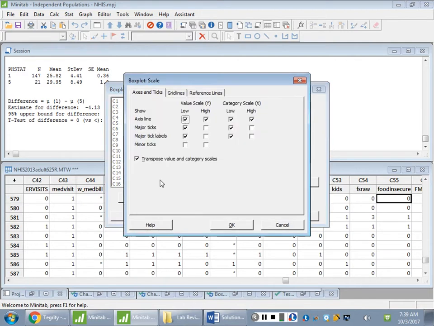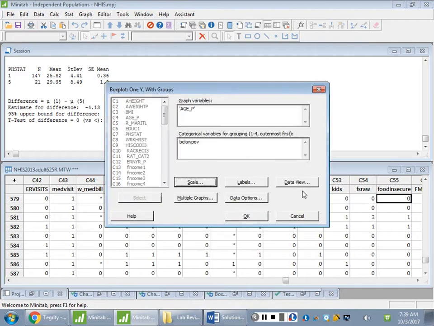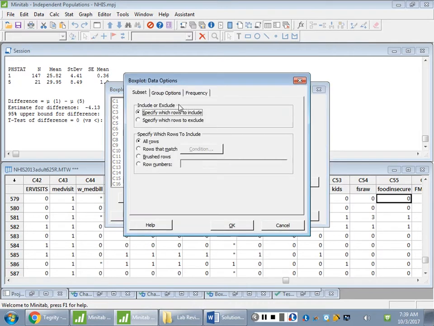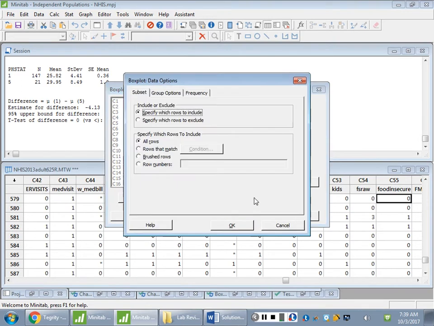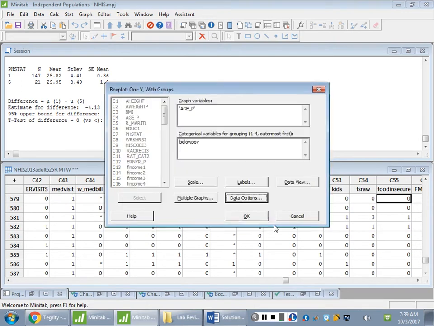Once again, I typically transpose mine, but we also want to make sure that we get rid of any missing data, which we have. Okay, remember, data options loves to remember things that you did. Okay, if you want to put the mean symbol in, you can do it here. And I'll say OK.